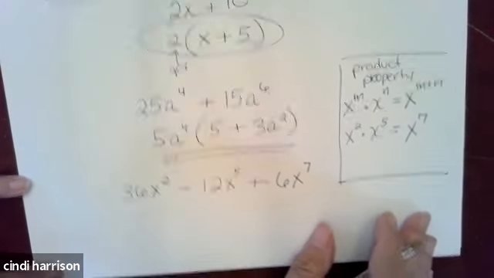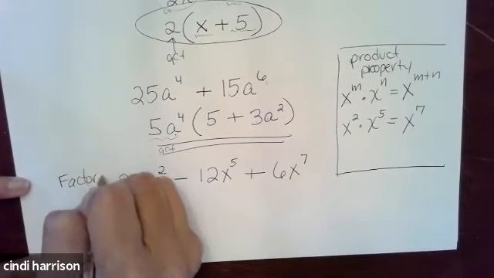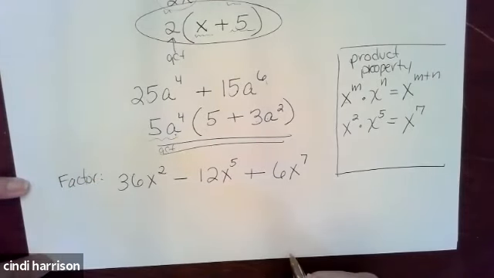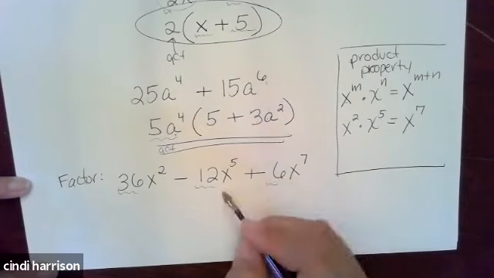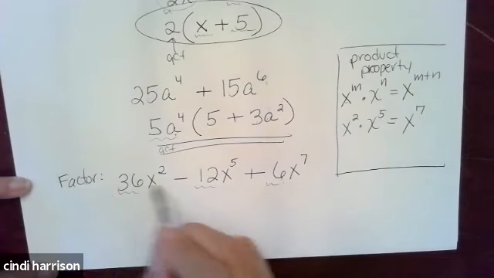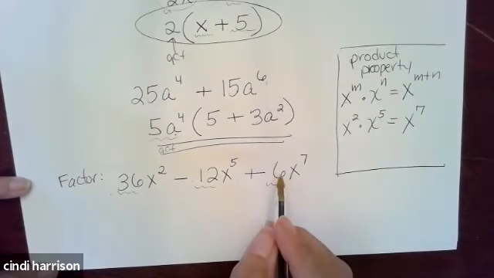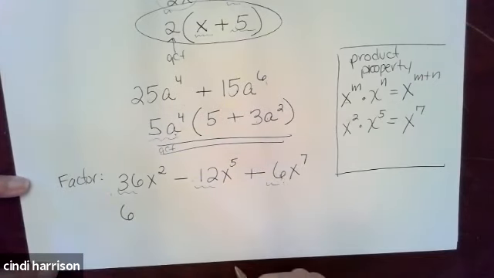The directions will say factor. And we know the first thing we need to do is find the GCF. So the GCF of 36, 12, and 6, the biggest number that goes into all of them evenly is 6. Now 3 goes into all of them as well, but 6 is the greatest common factor. So we're going to use 6.